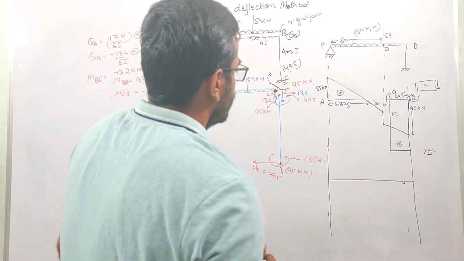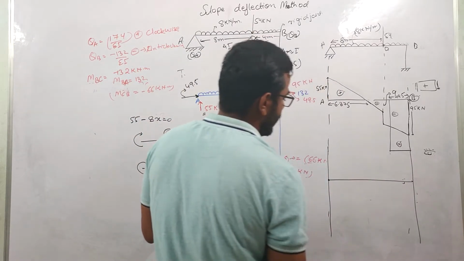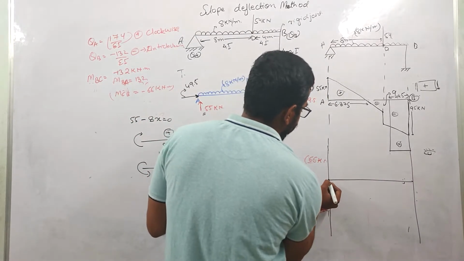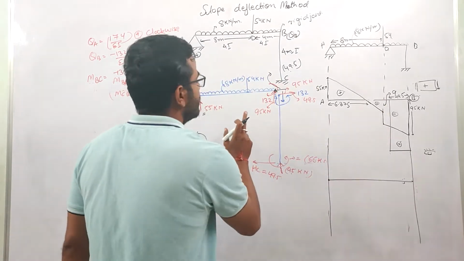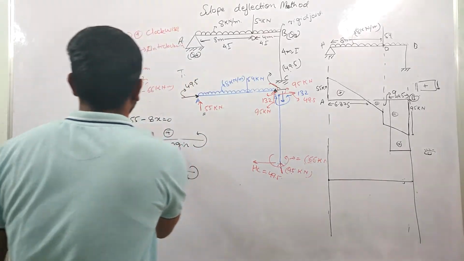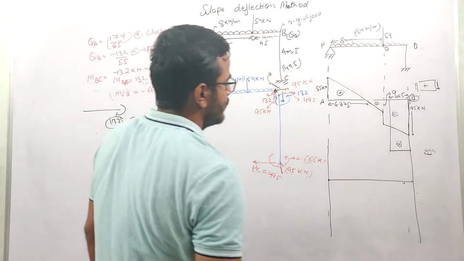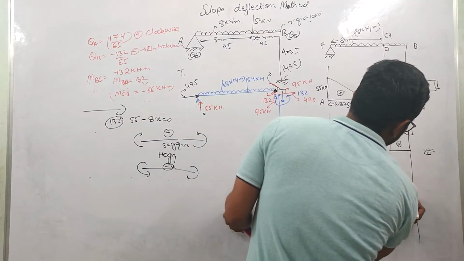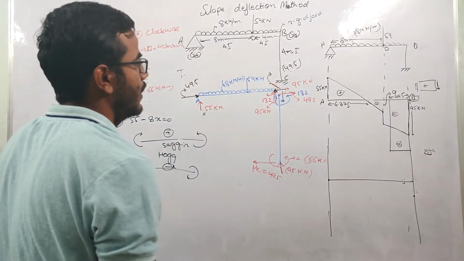You can see that at this portion there will be zero moment. The bending moment diagram will start from here. What is the value of MBA? It is acting like this. This is 132, so it will start from this point.